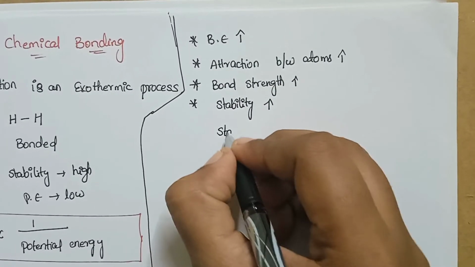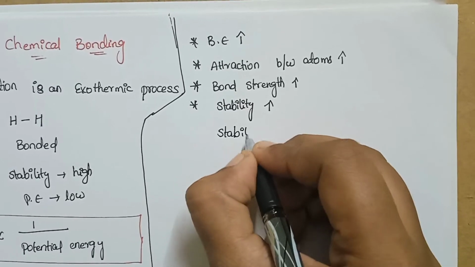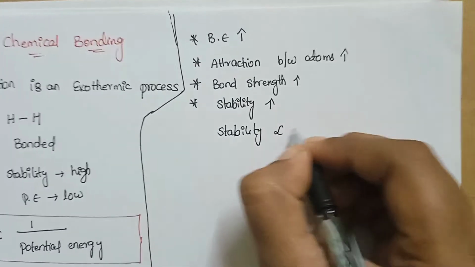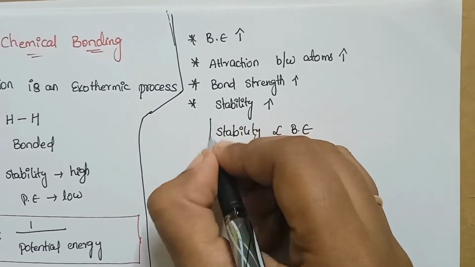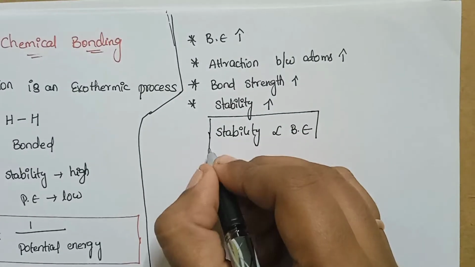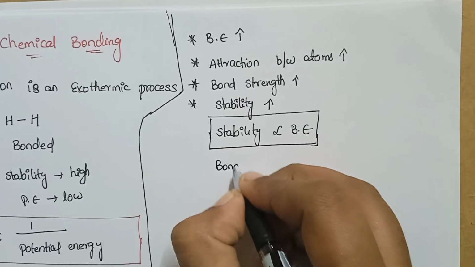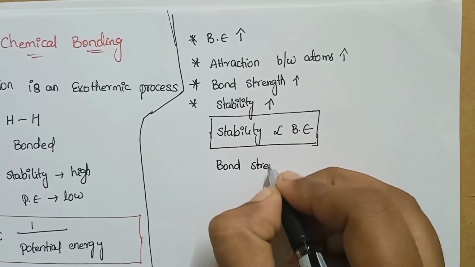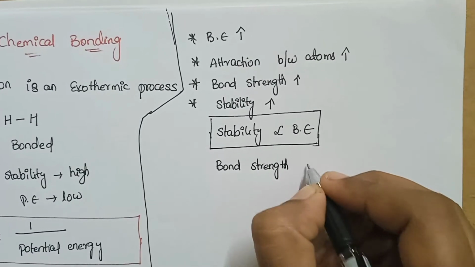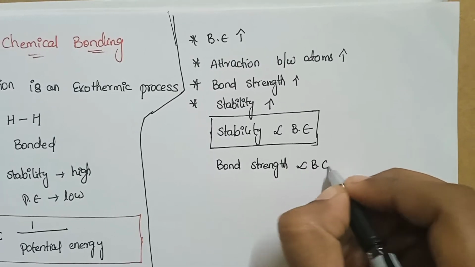So stability is proportional to bond energy, and bond strength is proportional to bond energy.